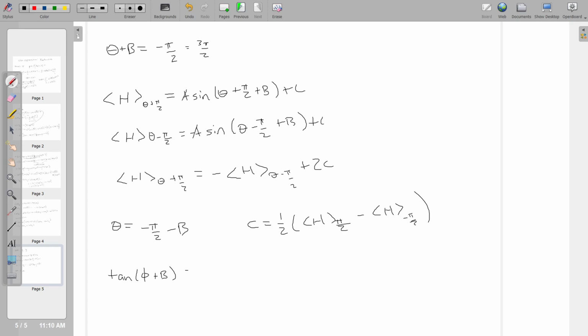So we know that this is sine of plus b, and this is sine of, and this is just, you know, definition of tangent and the periodicity.